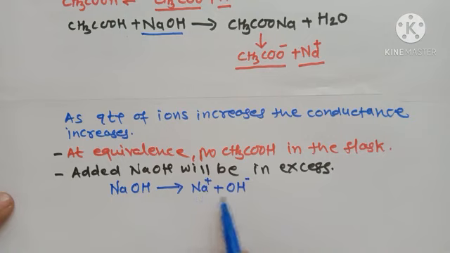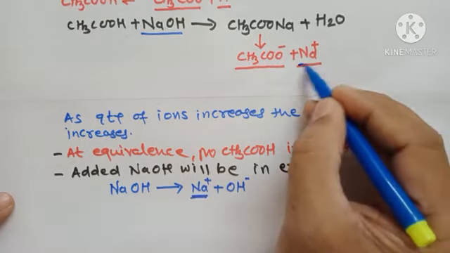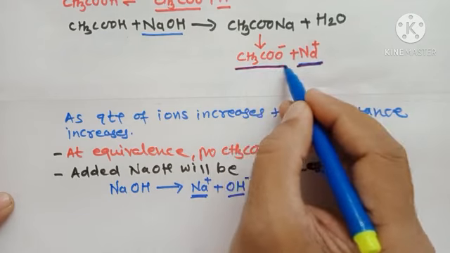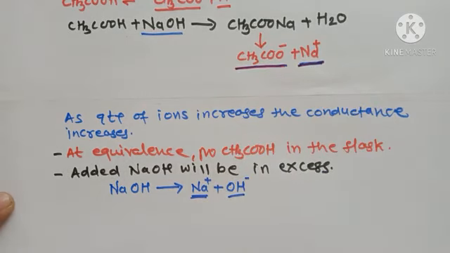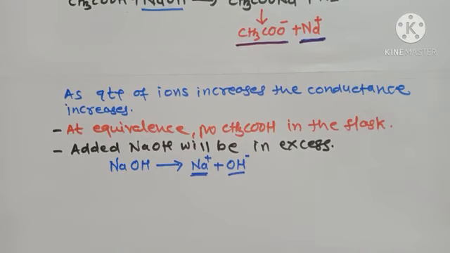0.5 ml addition. Now, the Na plus ion before and after the equivalence point is common; what is different is the OH minus ion and acetate anion. After the equivalence point, acetate anion is replaced by OH minus ion and the quantity of OH minus increases continuously.